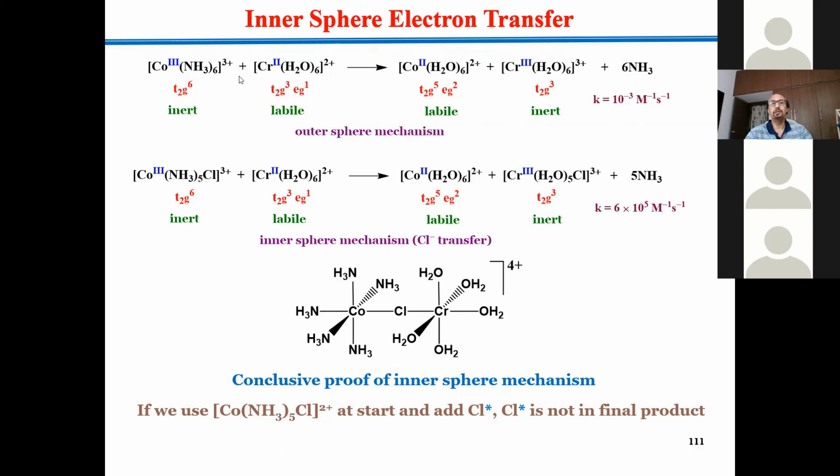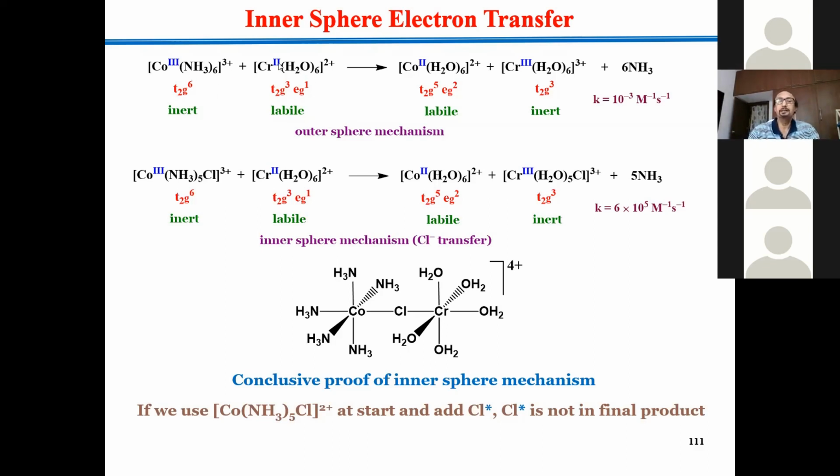Now the next question is why it is written cobalt 2 hexaquo instead of cobalt 2 hexammine. It should be cobalt 2 hexammine. Now what is happening: if you look at cobalt 3 hexammine, it is octahedral, t2g6, so it is inert, right? And chromium 2 means t2g3 eg1, so it is labile.